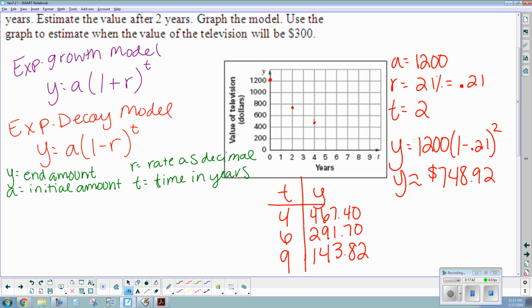So about there. And then after 6 years, about $291. And then after 9 years, $143. So then I can draw my curve that includes all of those points, and that gets closer and closer to 0. But again, it's never going to actually be worth $0.